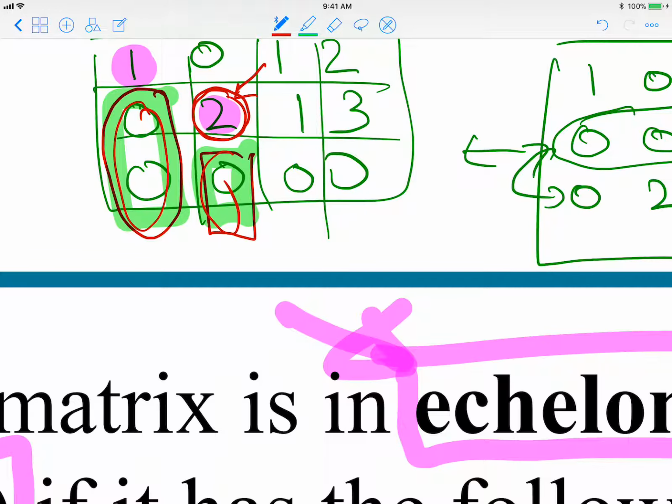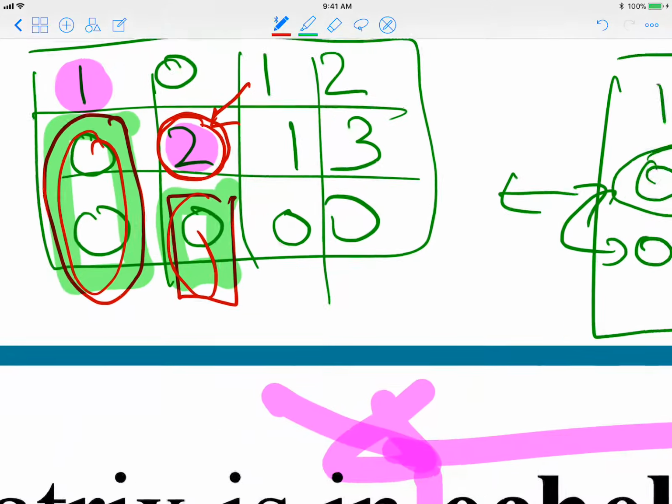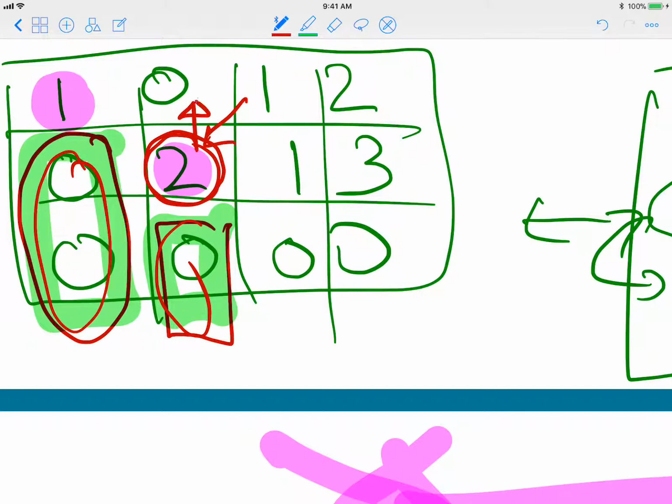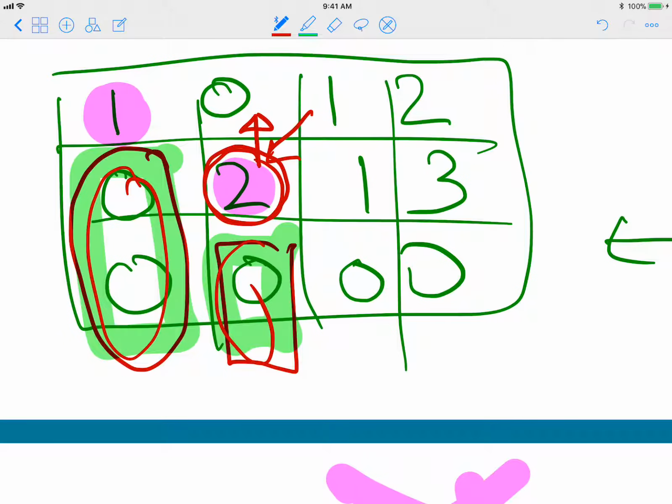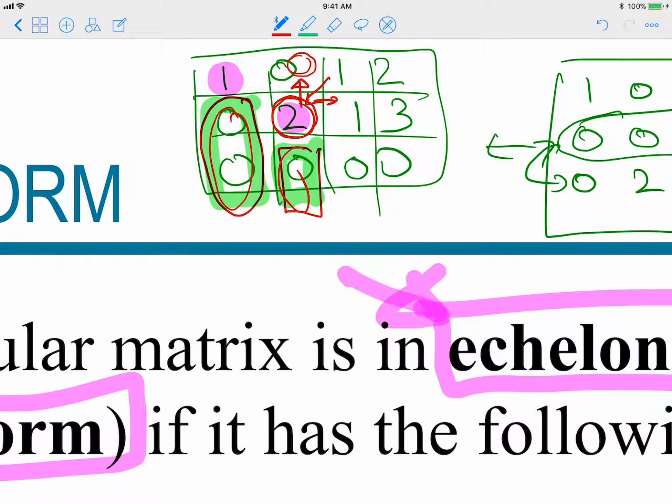Suppose we pick this leading entry in this matrix, and then we look at the rows above it. If we find a leading entry in those rows in the same column or to the right, then it is violating the second condition. Let me give an example.